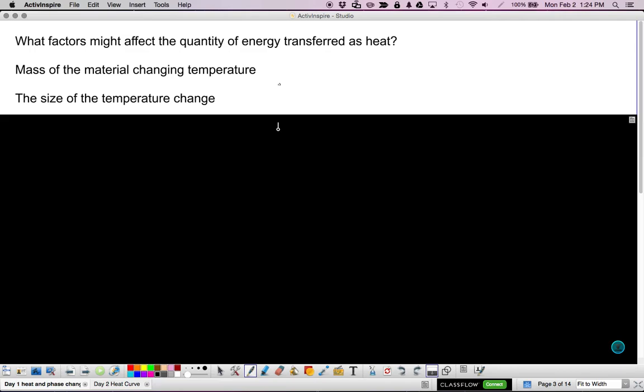Now, another thing you might come up with is the size of the temperature change. So, if your hot, quote unquote, hot metal is at 23 degrees and your water is at 22 degrees, you wouldn't expect a large quantity of energy to be exchanged.